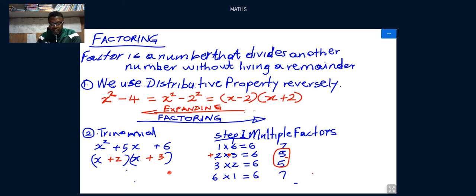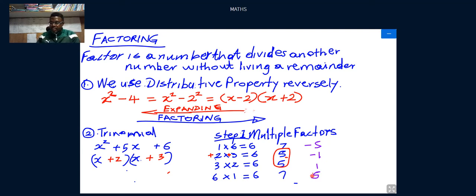But if there is any subtraction, let us say we had to subtract 1 minus 6, you'd get a negative 5. 2 minus 3, you'd get a negative 1, and 3 minus 2, you'd get a 1, and 6 minus 1, you'd get a 5.